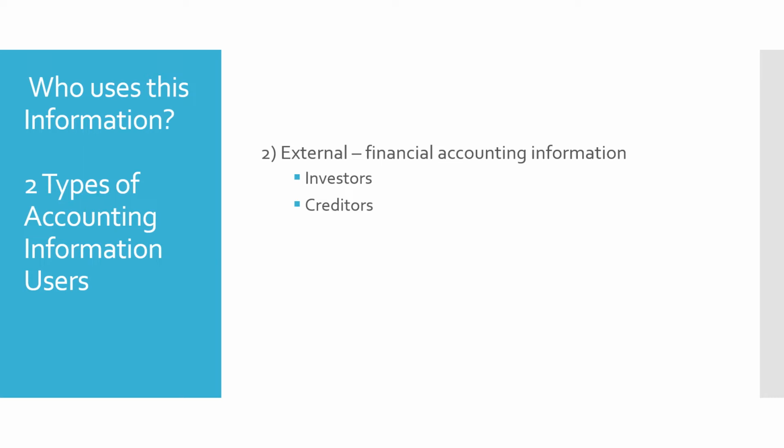If the company buys goods on account from Apple, essentially they buy the goods and they charge them, then Apple is the creditor in that situation. Customers might also be interested in financial accounting information, and we briefly discussed the Securities Exchange Commission, which is a regulatory authority that is also interested in financial information of the company.